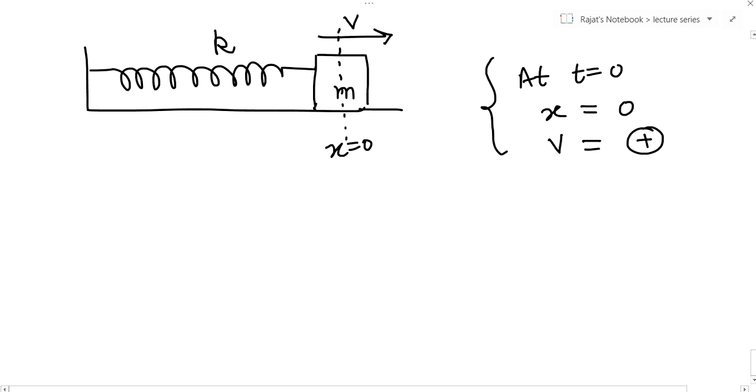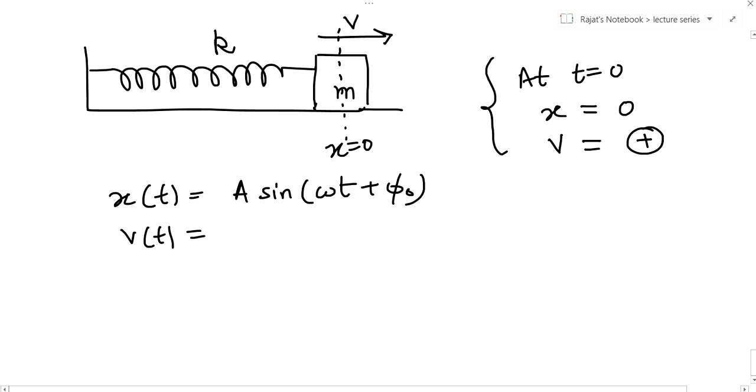Obviously the block has to be somewhere at t is equal to 0, and that is required to find the time varying function of position and velocity. So let us come back to our equation and write the position function and the velocity function.